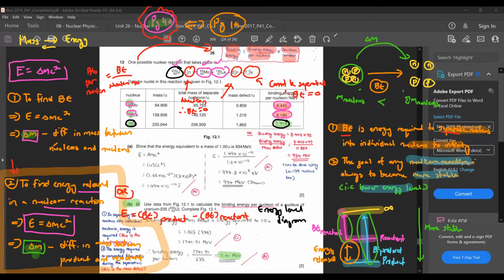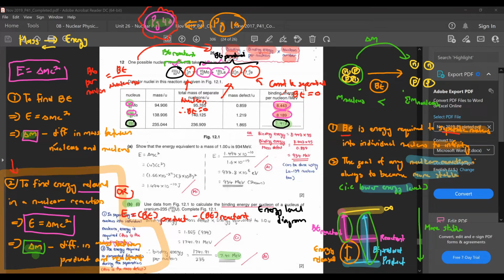Okay. So just now I mentioned to you, you are supposed to find the BE of your reactant, and then after that, find the BE of your product. The difference in the BEs is actually your net energy release.